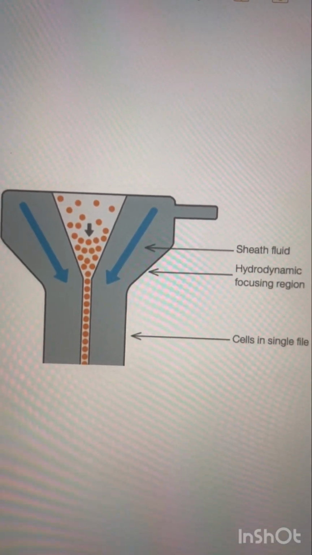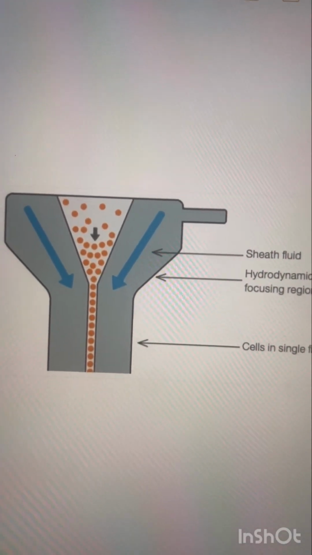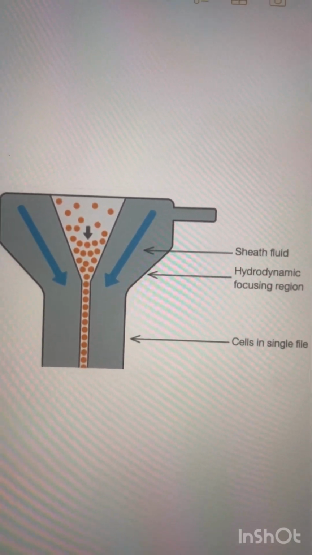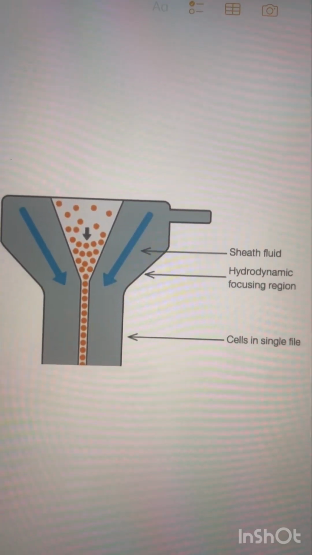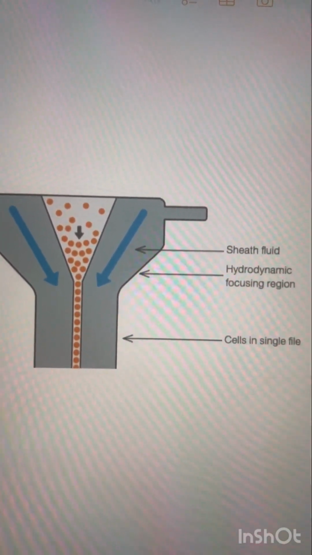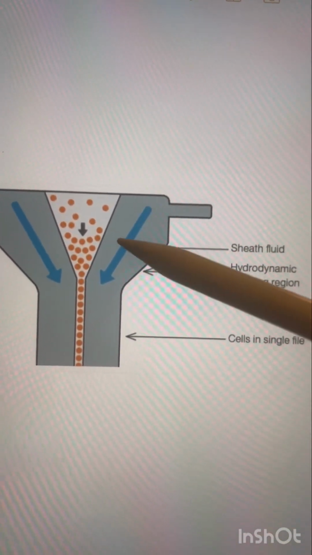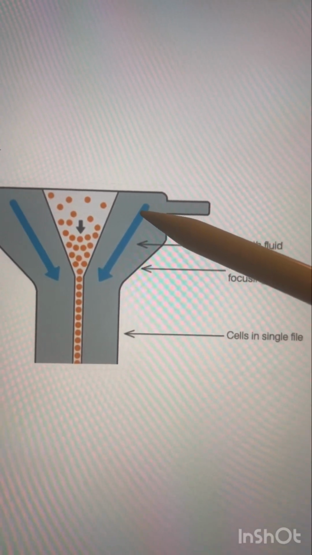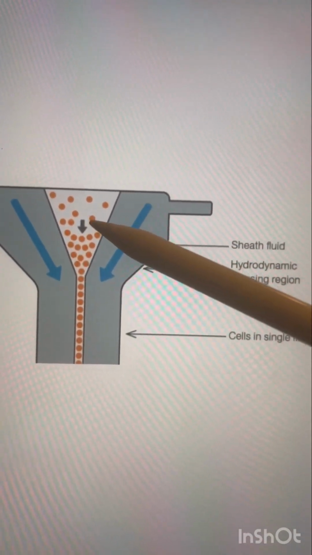Now we will talk about hydrodynamic focusing, by which cell confining occurs. Here you can see this is the sheath fluid and this is the core fluid.